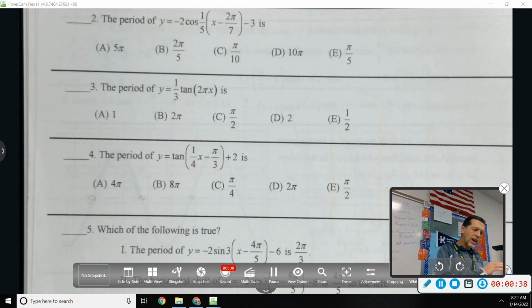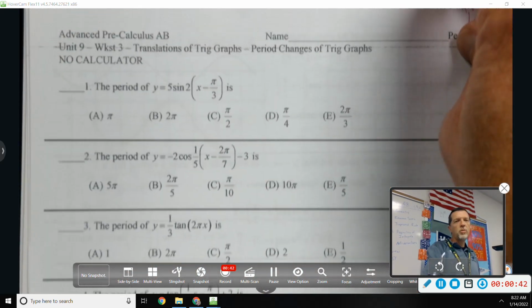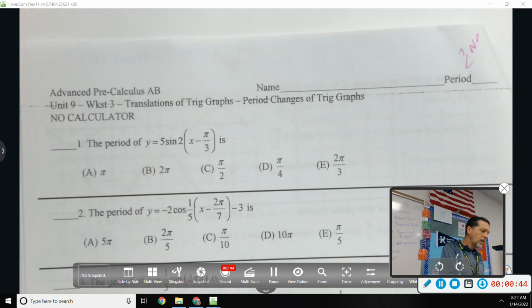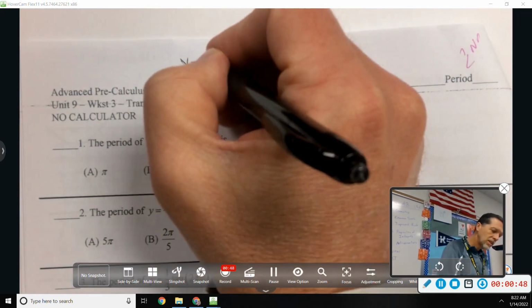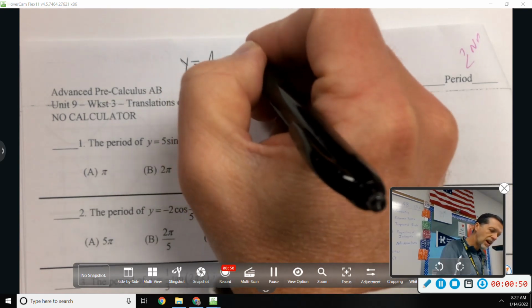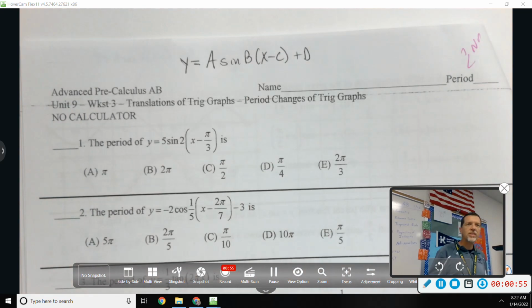All right, let's look at worksheet 3 and answer any questions you might have. Actually, just because I really like this, I'm going to write it at the top one more time: A sine B x minus c plus d. And when we're graphing them, A, B, C, D, D, C, B, A. We don't need to go through again what they stand for.